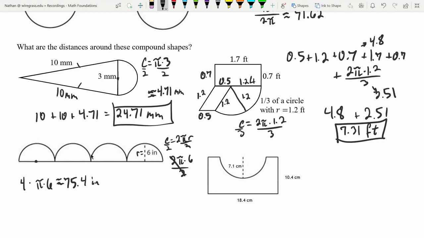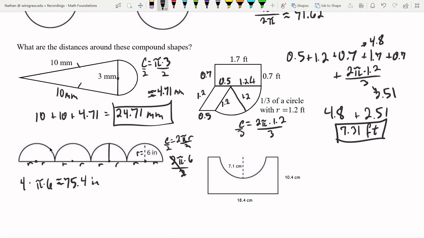We're assuming that this is the center because this is where the radius is. And that means that this distance goes straight through the center all the way across the circle, which is a diameter. This is the same thing as saying this is the radius and this is the radius. This is the center, right? This is 6 inches. This is the radius. So it's either 4 diameters or 8 radii.